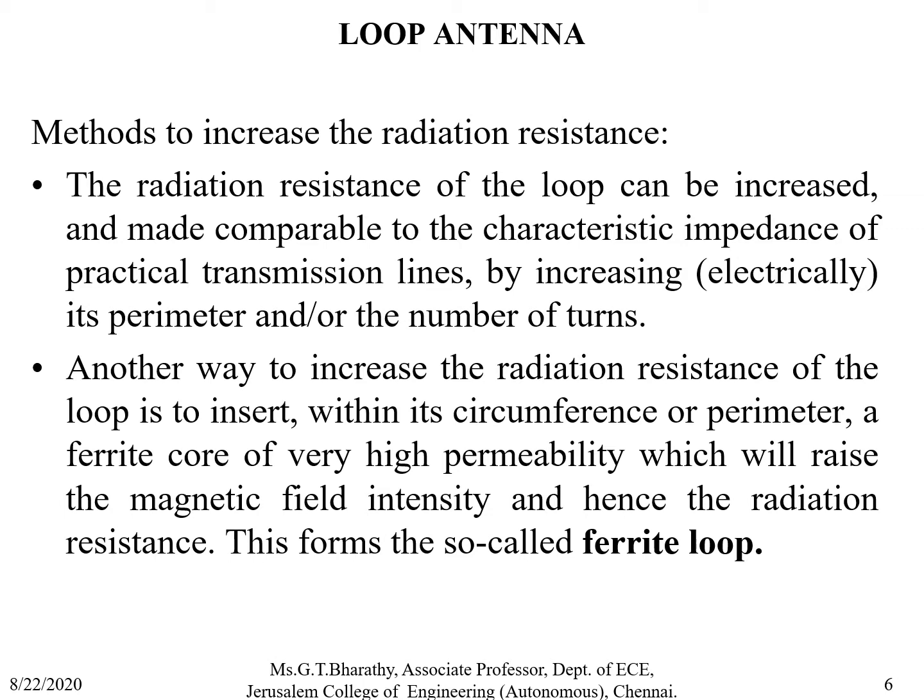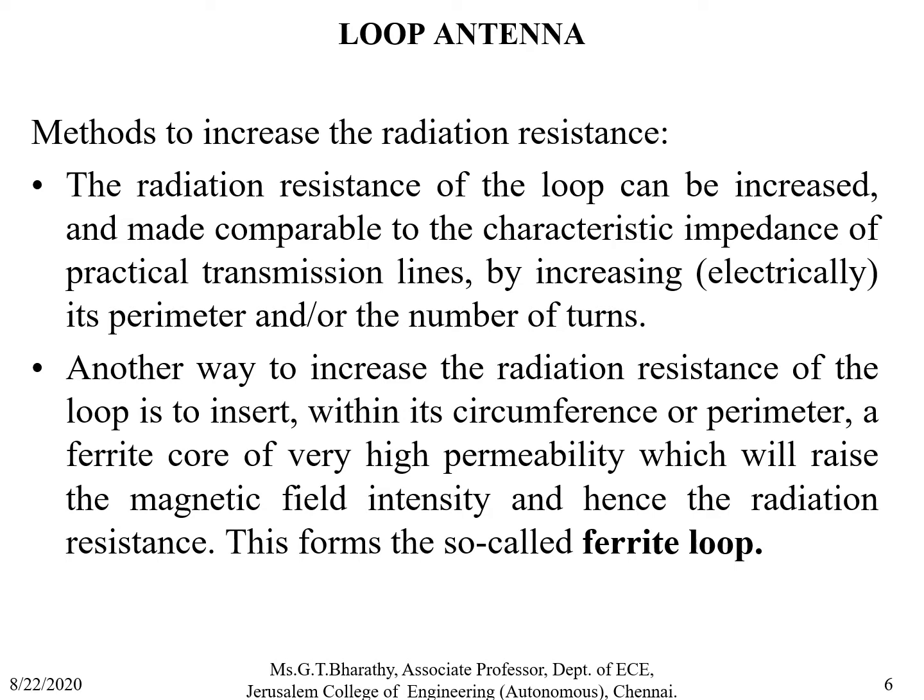I told you already that loop antennas are very poor radiators with a low radiation resistance value. There are many methods to increase the radiation resistance. Two important methods are, number one, increasing the perimeter or the number of turns or loops in a loop antenna, which increases the radiation resistance.